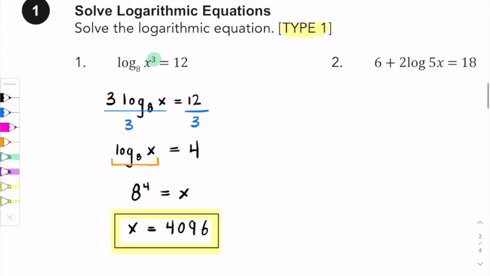So to add a couple notes in there for you, you want to simplify as much as possible, and once you simplify as much as possible, you want to convert to exponential form and solve.